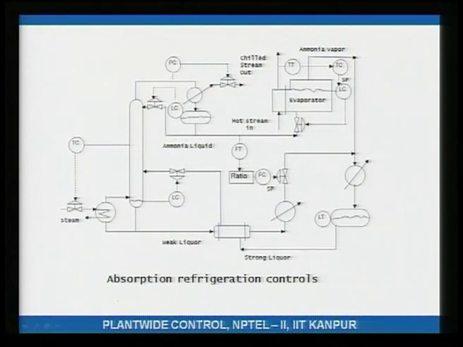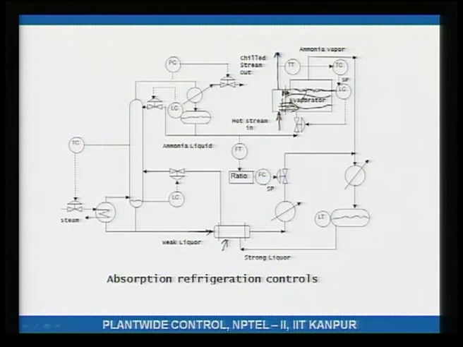If the temperature is decreasing, for example, that means I am cooling too much. What should I do? The temperature controller would reduce the level inside the evaporator. Because the level set point has gone down and the level is more, this valve will be opened and the level will decrease.